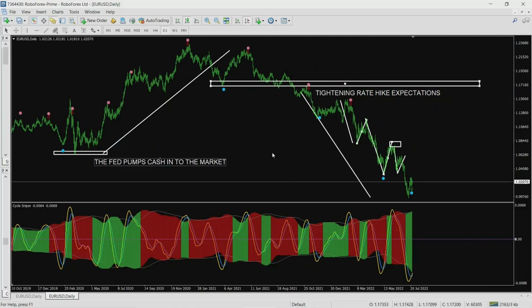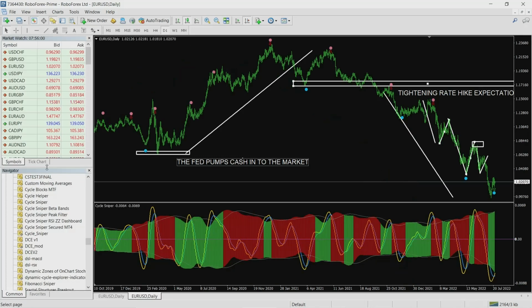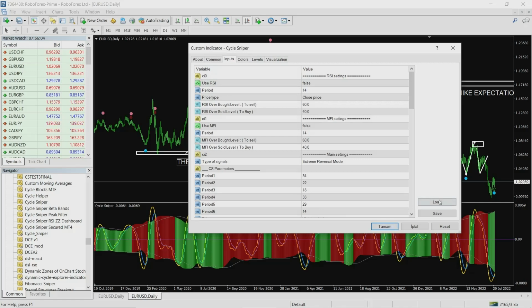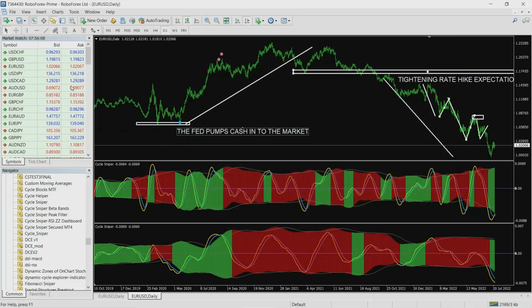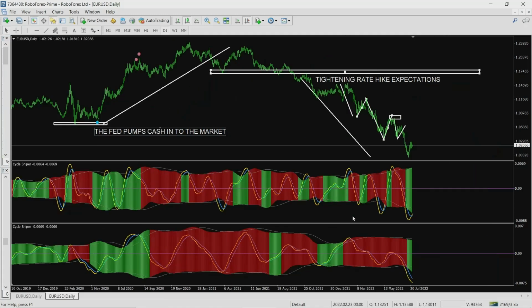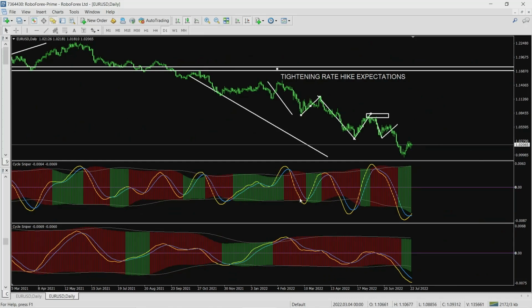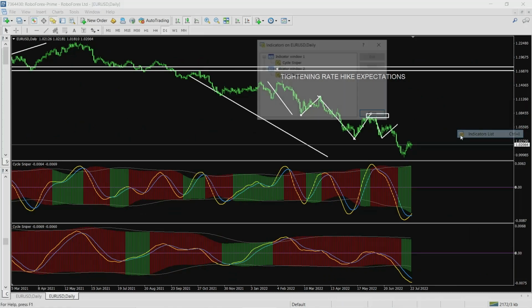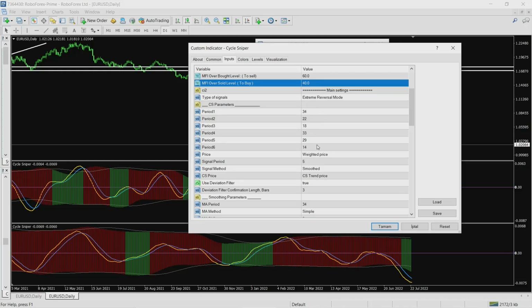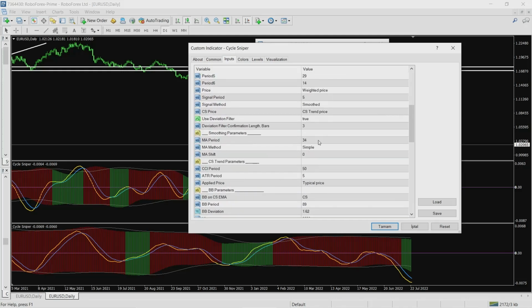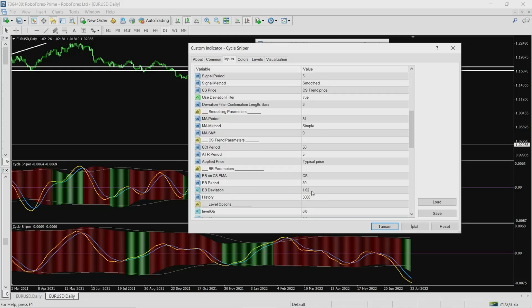Okay, we have two set files of Cycle Sniper. The first one has smaller periods and smaller deviations.